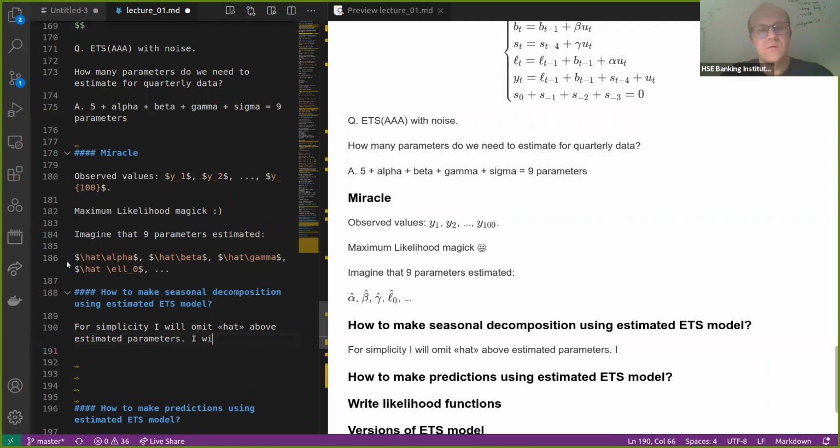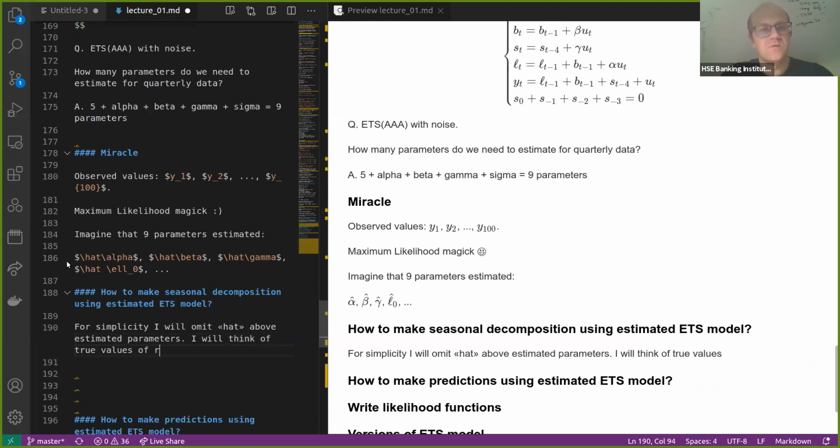I will think of true values of parameters. In real life, they are always estimated. We cannot have just alpha equal to 1 over 2; alpha hat is equal to 1 over 2. We can estimate it. But for simplicity, to discuss how to make seasonal decomposition and predictions, I will omit hat above estimated parameters. I will just say alpha, beta, gamma, L0, and so on.